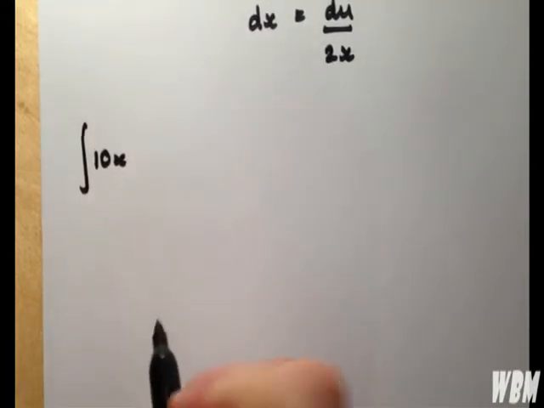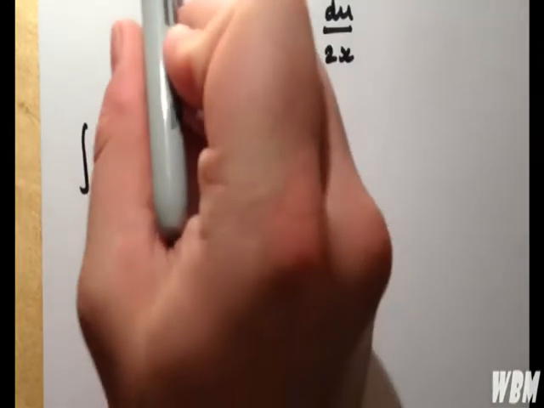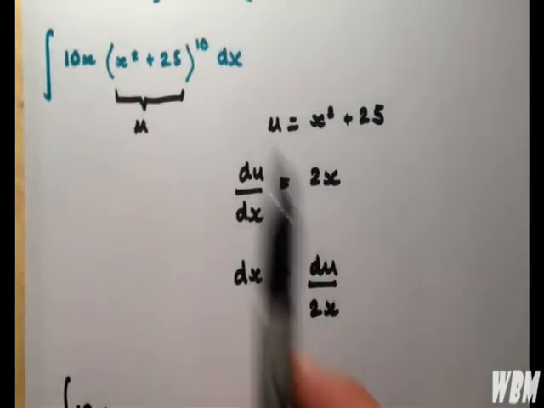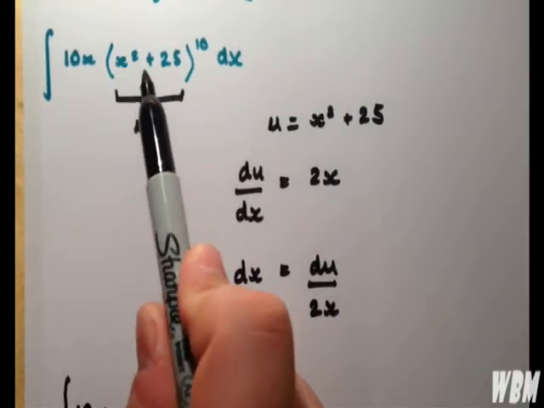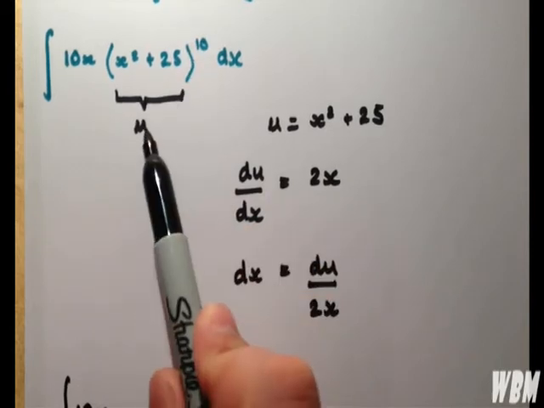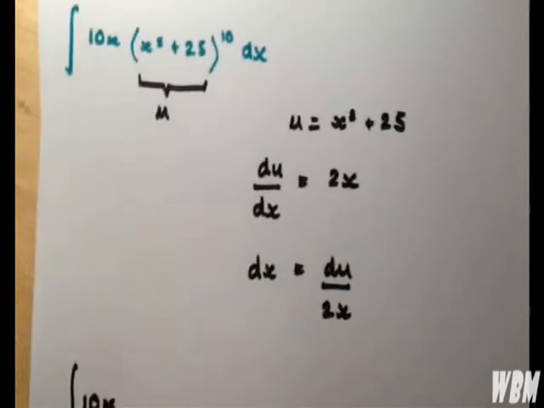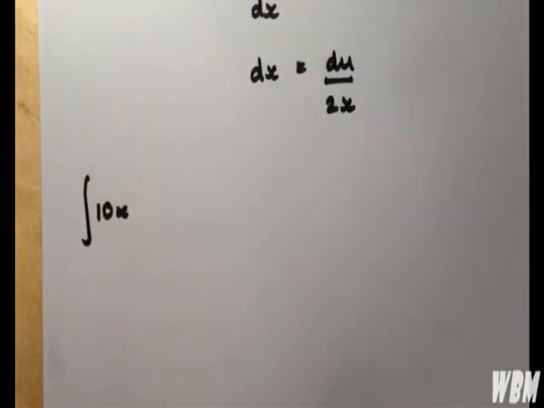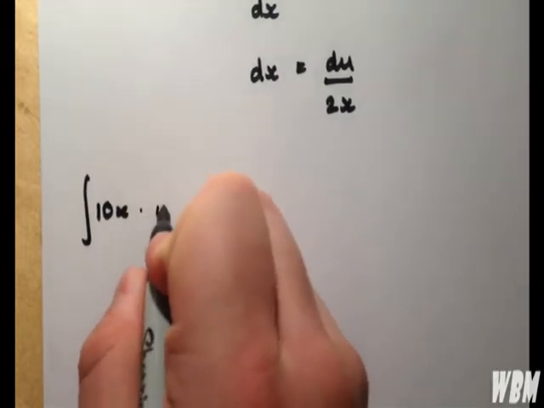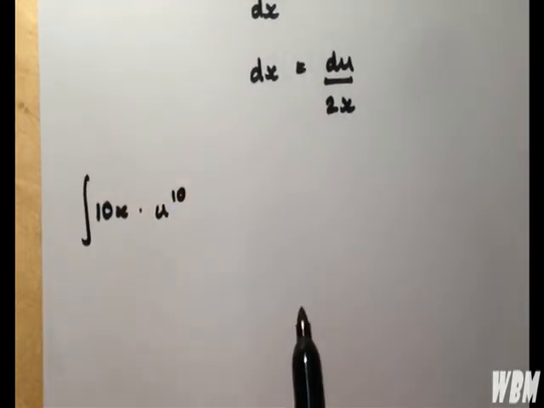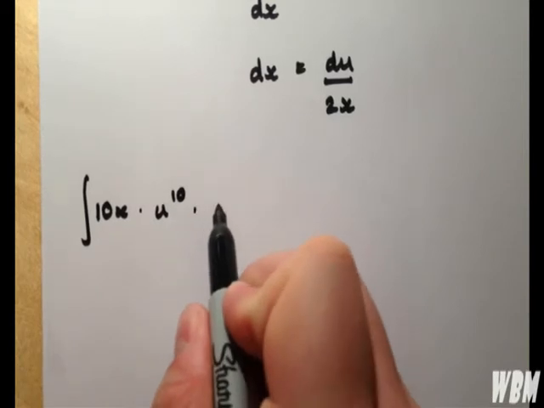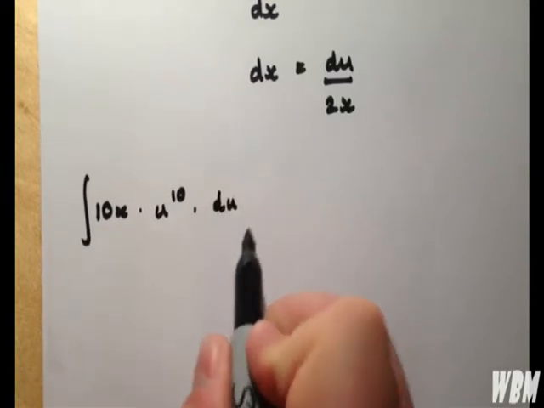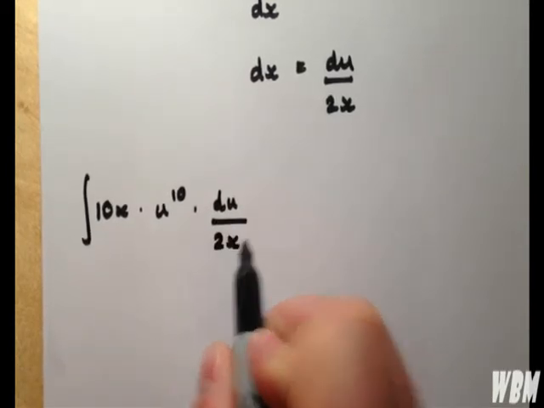So the 10x stays, and now instead of writing x squared plus 25 to the 10, we can simply write u to the 10. And instead of the dx, as I mentioned, we just drop in the du over 2x.